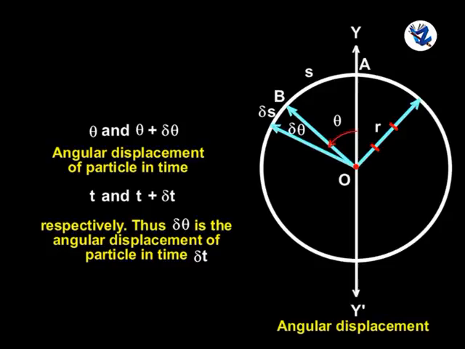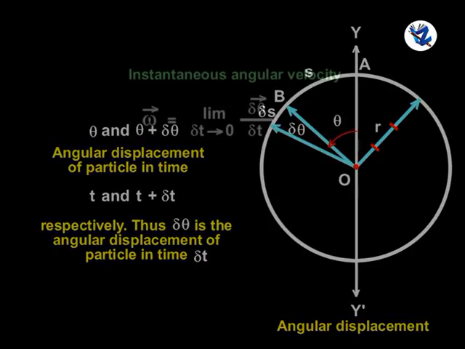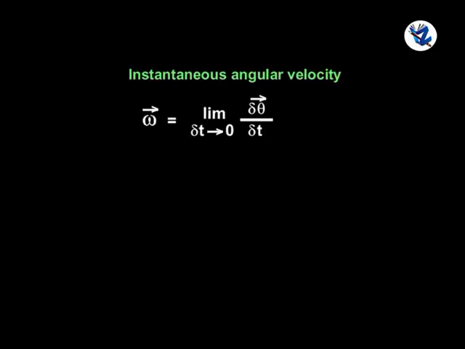Let theta and theta plus delta theta be the angular displacement of the particle in time t and t plus delta t respectively. Thus, delta theta is the angular displacement of the particle in time delta t. Instantaneous angular velocity omega bar is equal to limit delta t tends to 0 of delta theta bar upon delta t. So omega bar is equal to d theta bar upon dt.